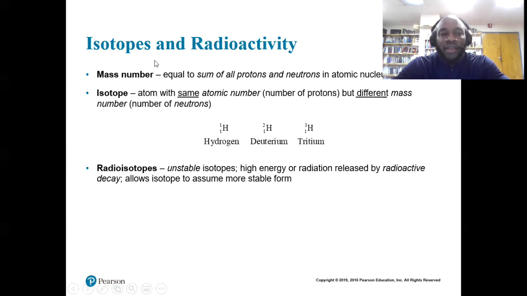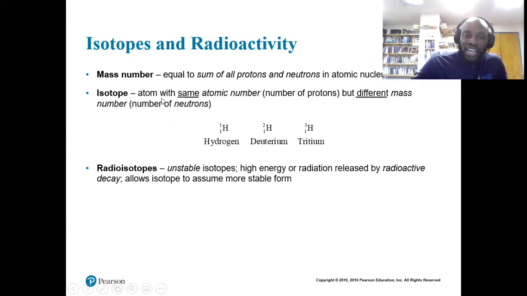So we have this term called mass number, which is equal to the sum of all protons and neutrons in the nucleus. Remember, the nucleus is made up of protons and neutrons. So for instance, oxygen, 8 protons, 8 neutrons. So your mass number is 8 plus 8, which is 16.